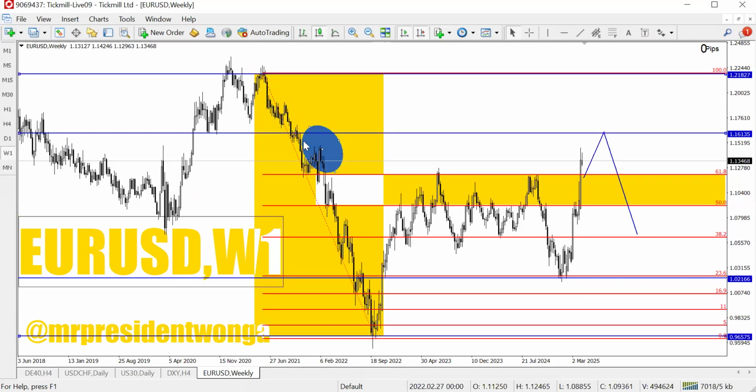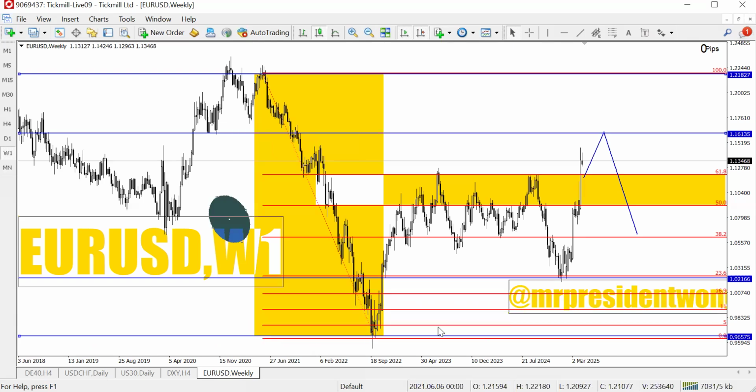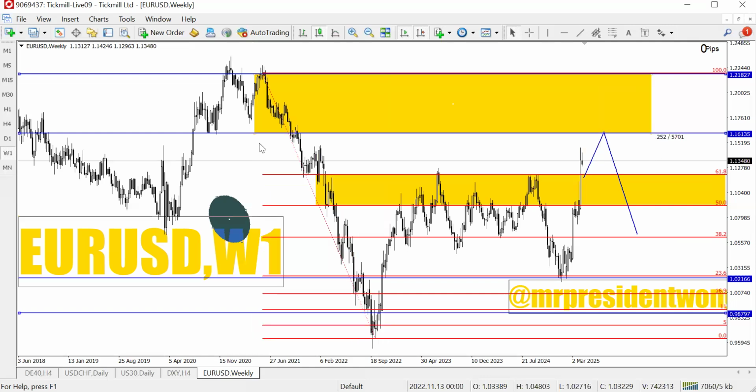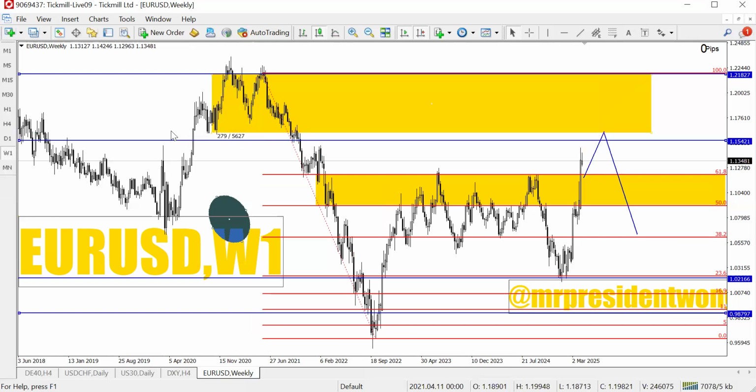In these levels, let me mark what I'm seeing, because sometimes I'll mark things and I realize later on it's me who is seeing those things. The rest of the guys are not seeing what I'm seeing. So I'm gonna mark that level. This is a level where I am expecting a reaction.